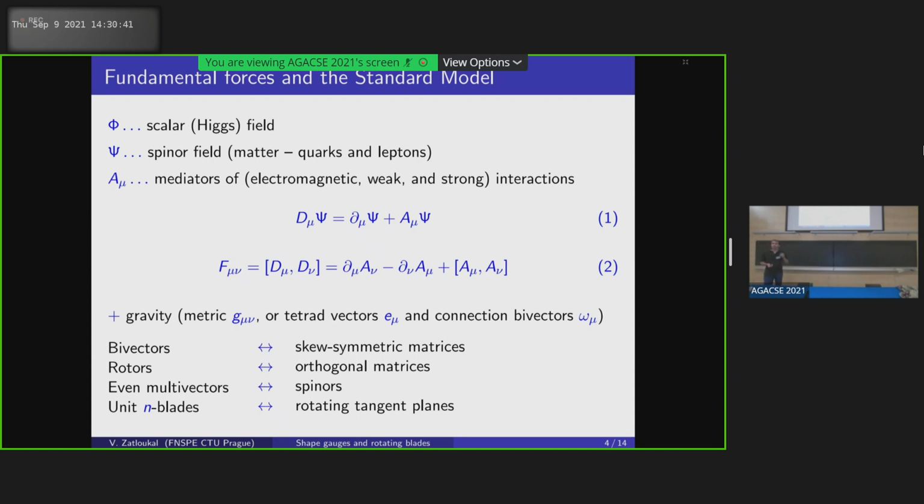I would like to phrase everything in terms of geometric algebra. Indeed, there is a nice correspondence between the traditional way of writing things on the right, with matrices and, say, 4-component Dirac spinors, and on the left, the geometric algebra equivalent of those. But I will really focus only on the gauge fields, on the connections.